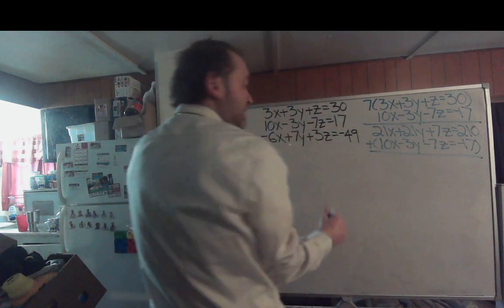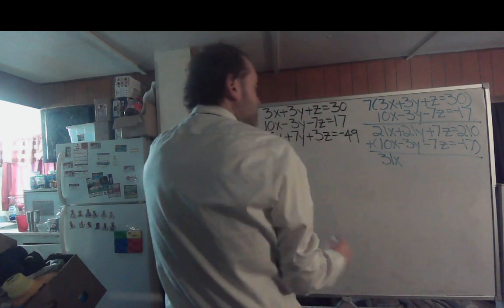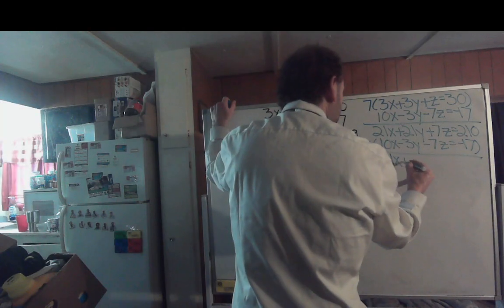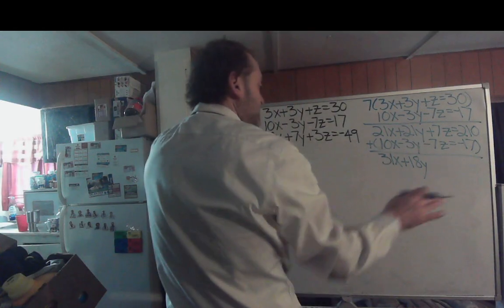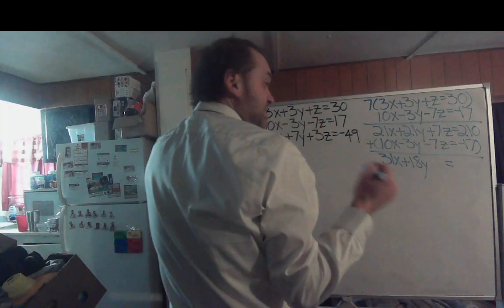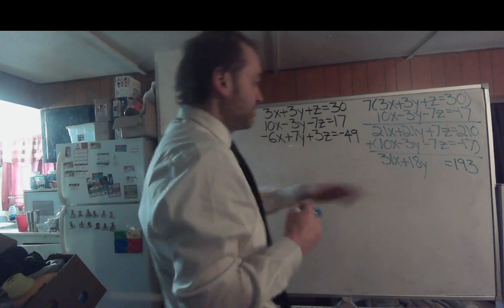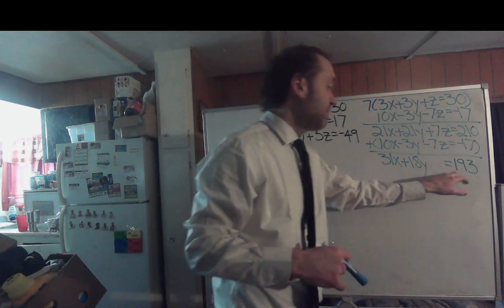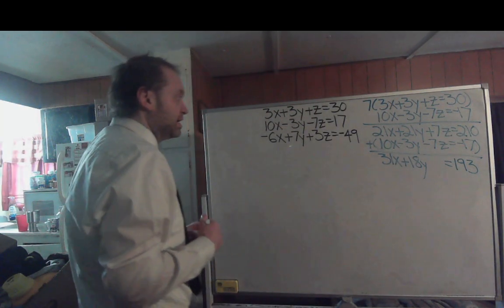So 21x plus 10x, that would give me 31x. 21y minus 3y, that'd be plus 18y. 7z minus 7z, the z's are gone. Now 210 minus 17, that's going to give me 193. So I'm down to 31x plus 18y equals 193. That's one equation with z eliminated.